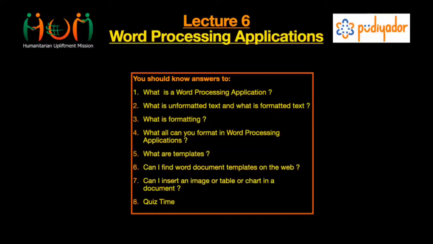Then what is it that you can format in a word processing application? That's something you will be able to understand. Then you will be able to understand what templates are, okay? And then you need to know if you can find Word document templates on the web, because if you're creating a new document, it can be a letter, a letter to a company, a resume to a company, or a college project report, or a business document.